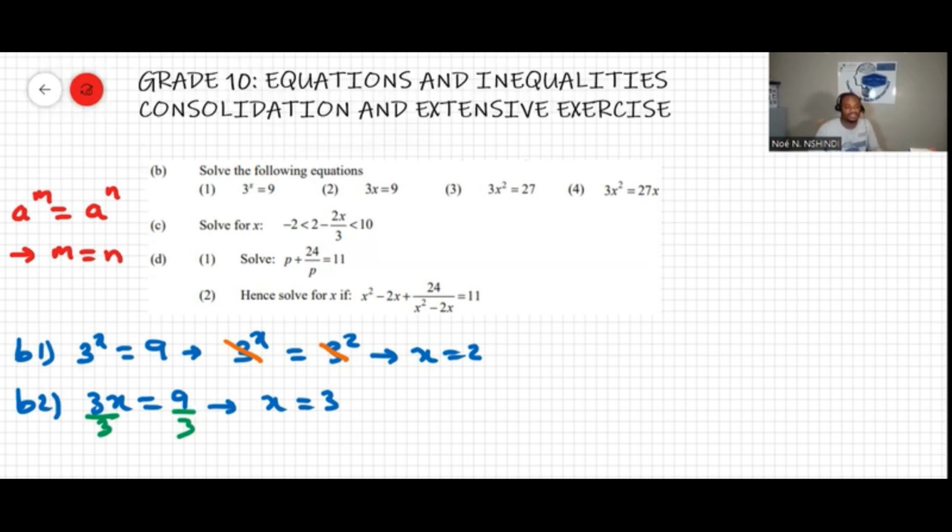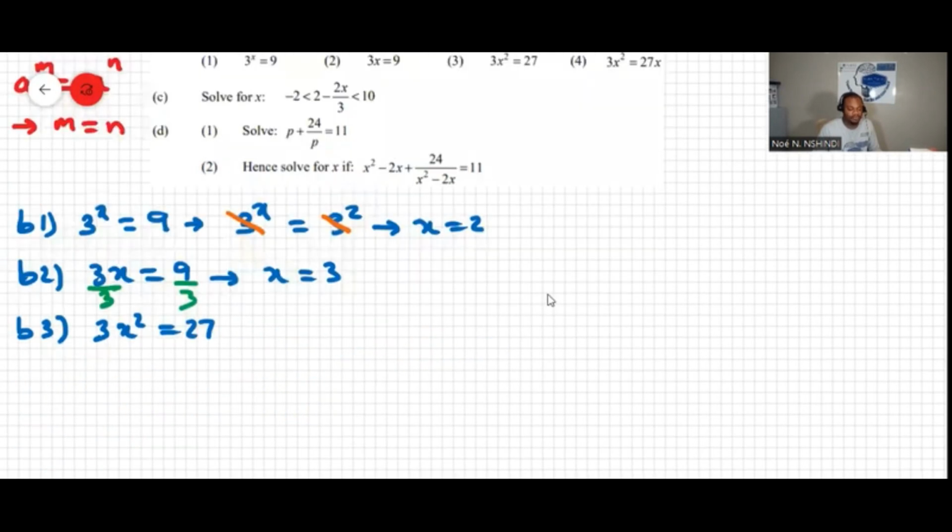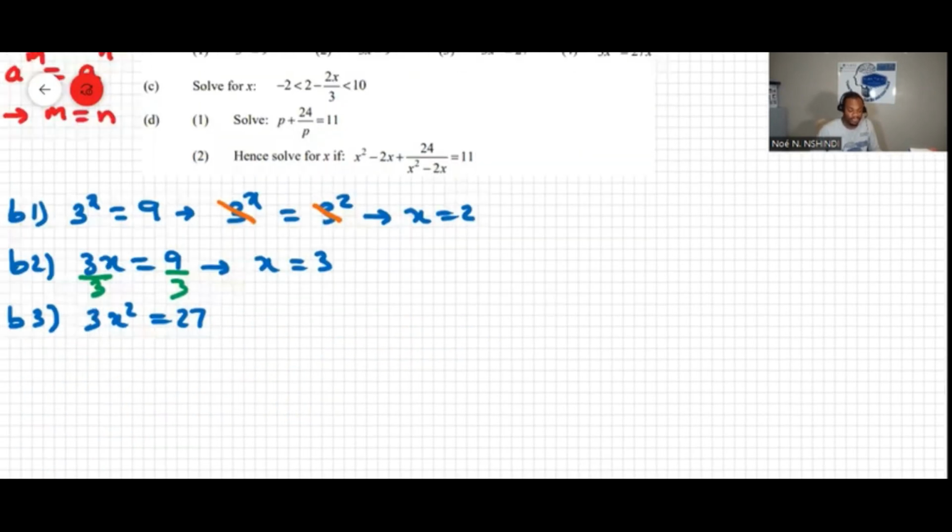Next question is B3: 3x squared equal to 27. So again, we can divide both sides by 3, both sides of the equal sign. Dividing by 3, this means we have x squared equal to 9.